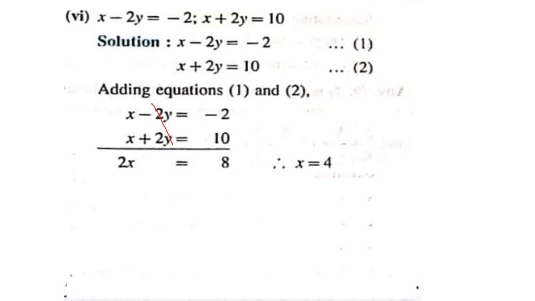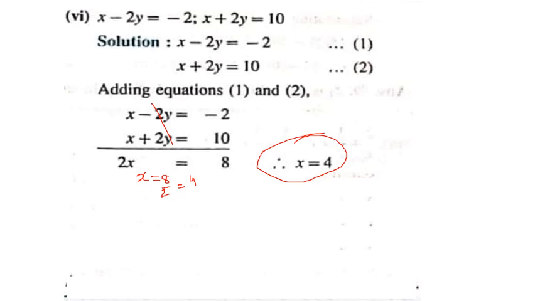So 2x is equal to 8. So therefore x will be 8 upon 2, and that is equivalent to 4. So it will be x is equal to 4.